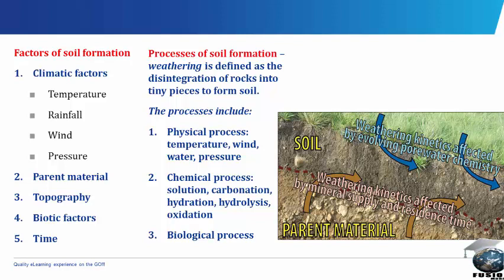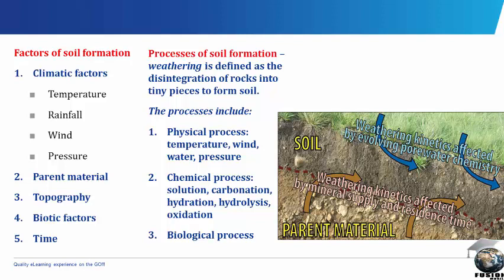Processes of soil formation. The process of soil formation is called weathering. Weathering is defined as the disintegration of rocks into tiny pieces to form soil. The processes include physical process, chemical process, and biological process.